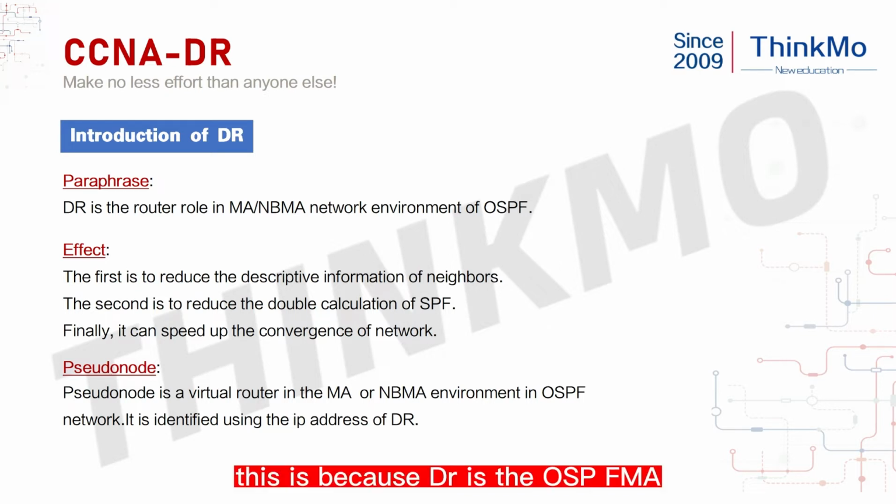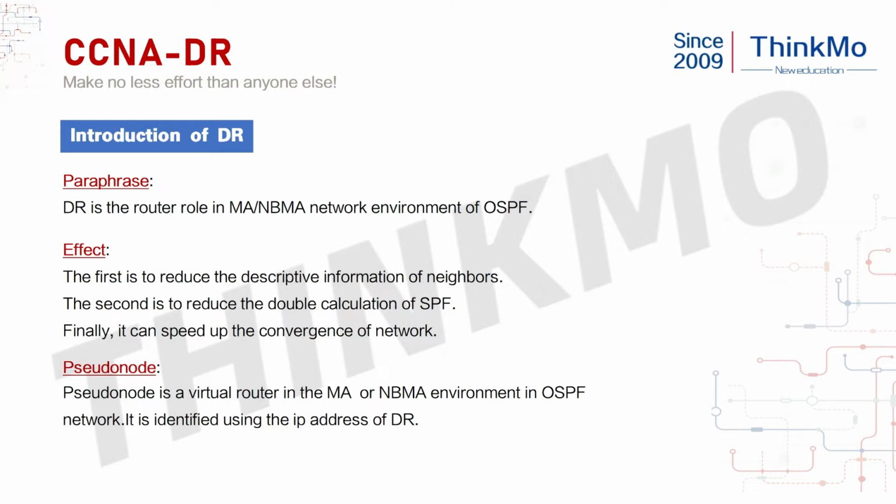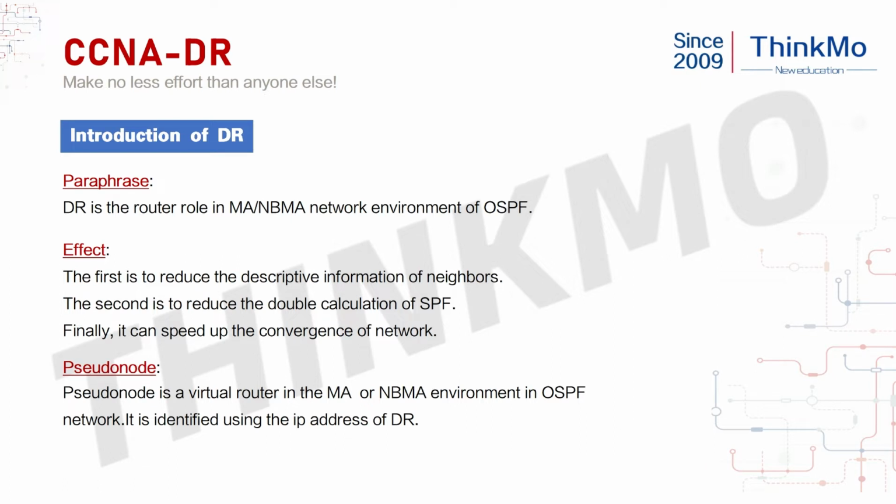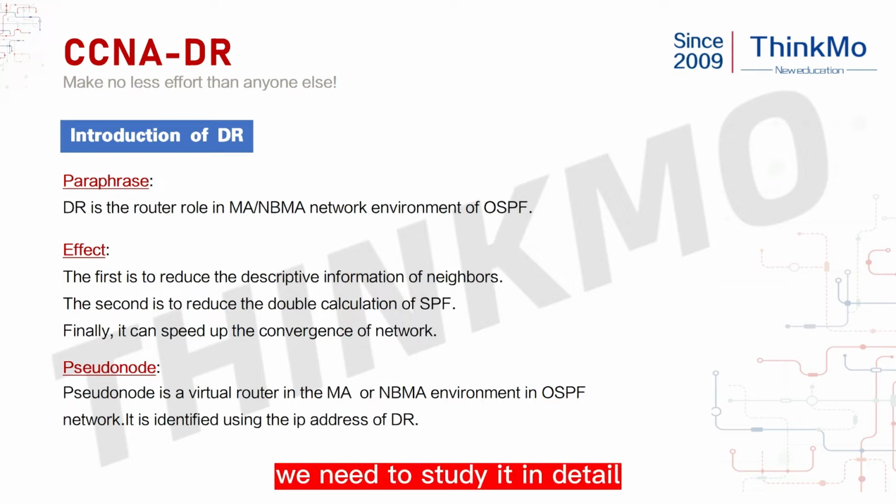DR is the router role in the OSPF MA, or NBMA, environment. What it does specifically, we went through in a simple description in the last video. So why can't the DR be preempted? We need to study it in detail.